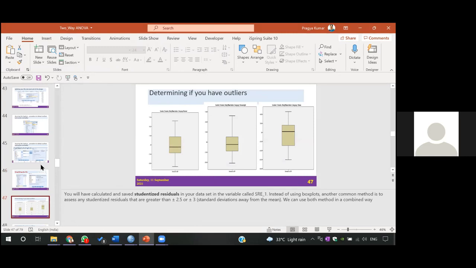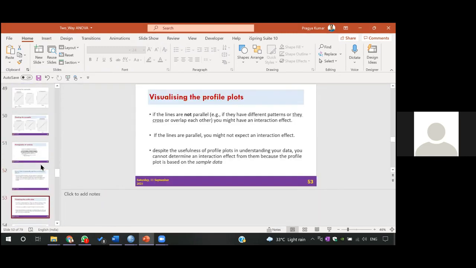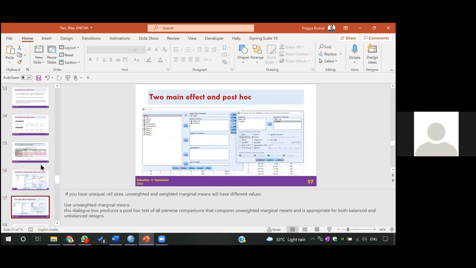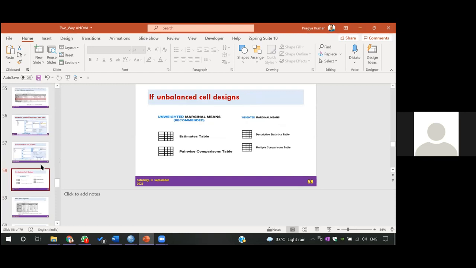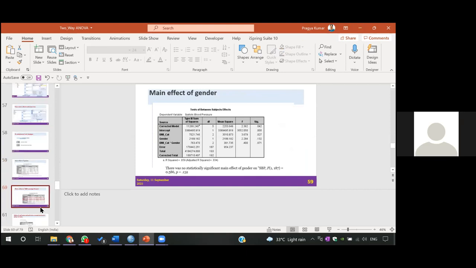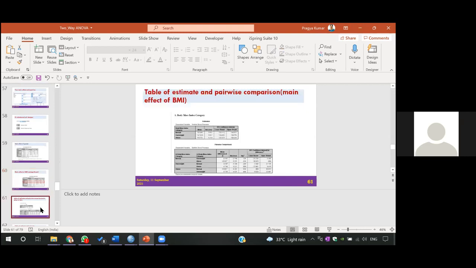So unsplitting, this is all the outlier, normality, and then visualizing the profile plot. This I have written post hoc. So I think let's not discuss this because I have not discussed this. So that estimate and pairwise comparison we use. So we report the main effect of gender, the main effect of, this was regarding the main effect.